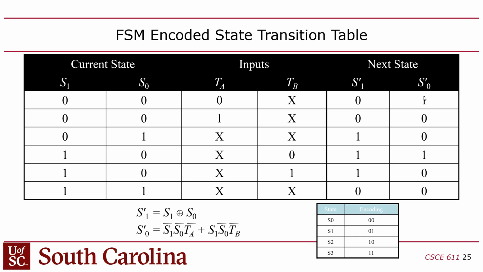And then the next S0, and again, the S0 and S1 are just based on this encoding, the left bit and the right bit of the state encoding. S0 is just going to be this sum of products to calculate the next value of S0. Again, this is just stuff that you guys hopefully remember from 211 Boolean logic.